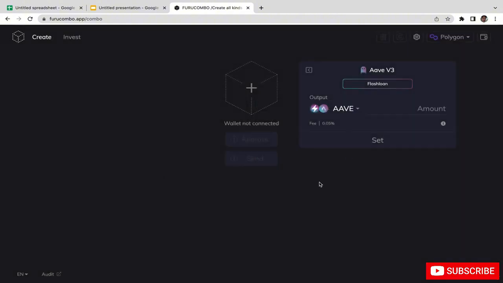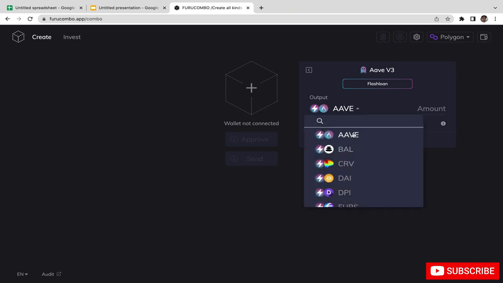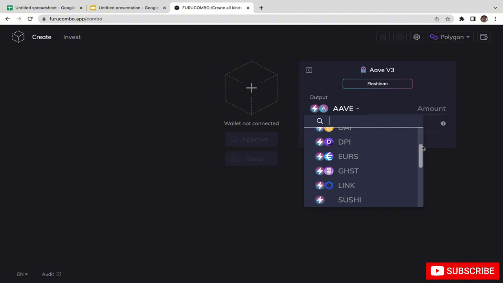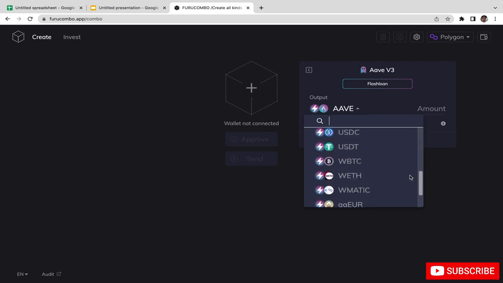All right. So let's begin. First of all, you need to go to the output and then click on this. There are many different assets that you can choose, like which coins you want to borrow. Not all coins are available, obviously, but many of them are available here. So let's say you want to borrow USDC, right?